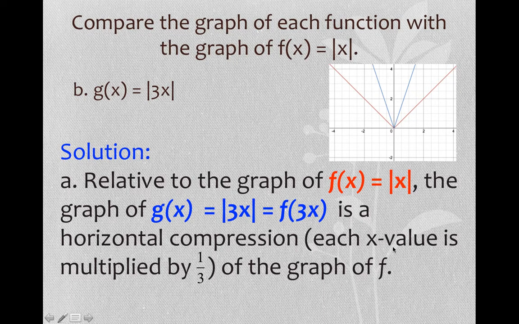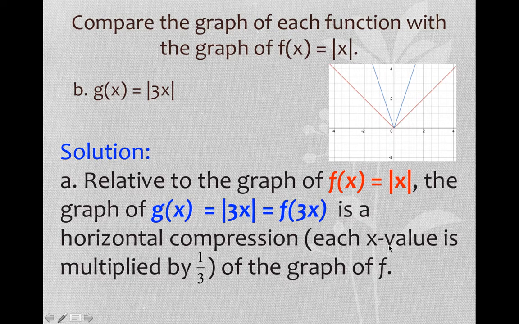Because it's horizontal, each x value is multiplied by, oh wait, why is this 1/3? Because we're inside the function and it's going to do differently than what we think. So we are not multiplying by 3, we are multiplying by the reciprocal of 3, which is 1/3.